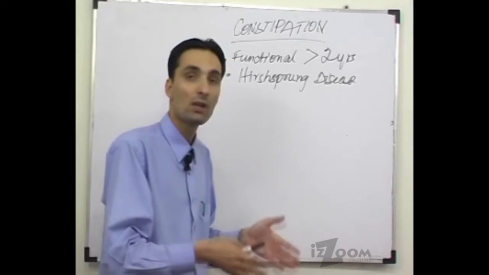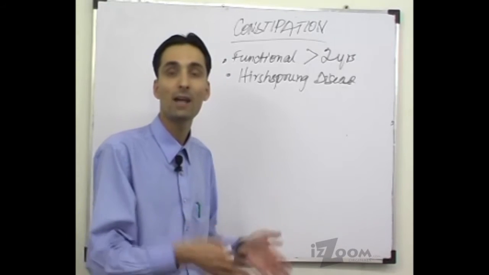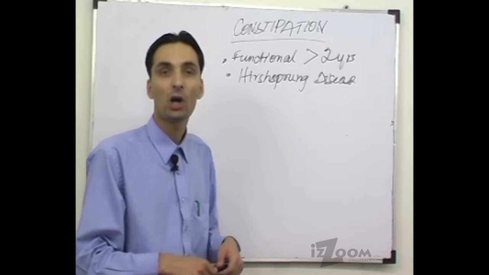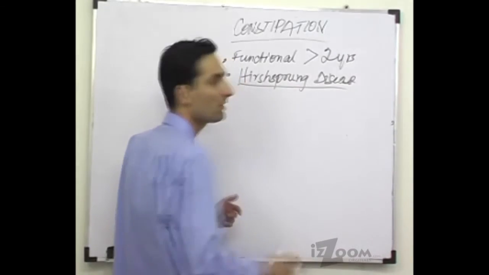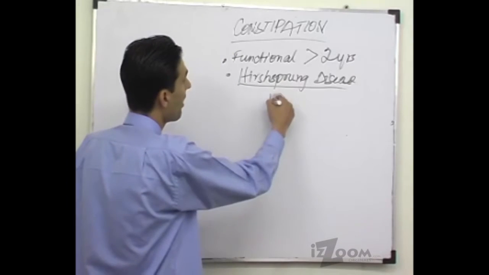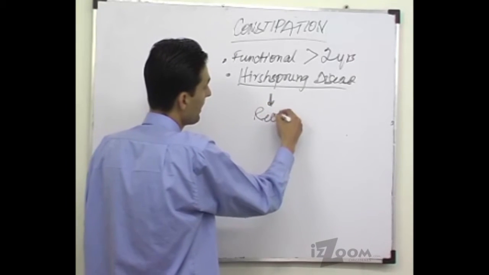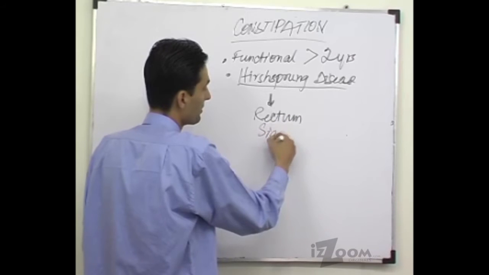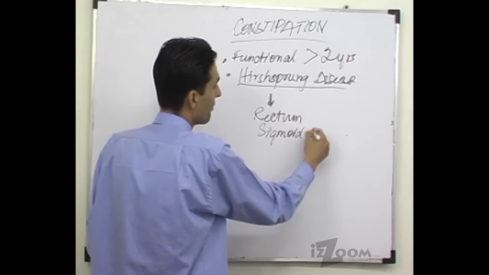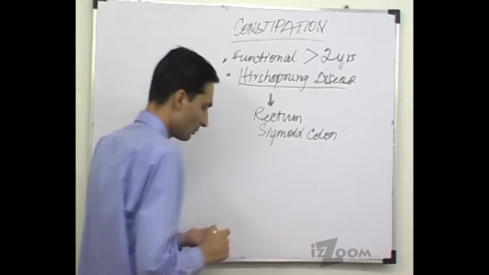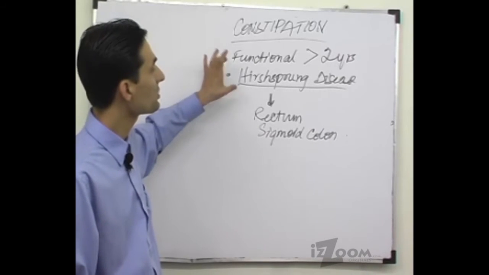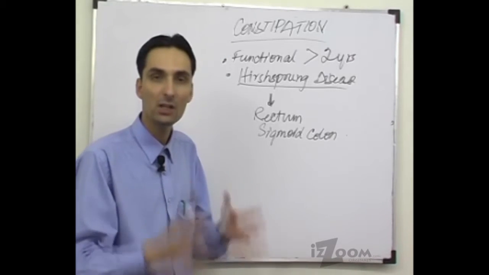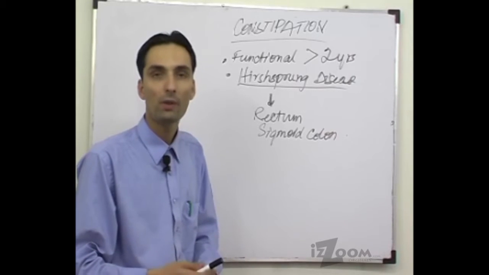So when there are no ganglion cells within the myenteric plexus, there will be constipation. The rectum and sigmoid colon are most commonly affected, and this cause should be considered in every neonate that presents with constipation.